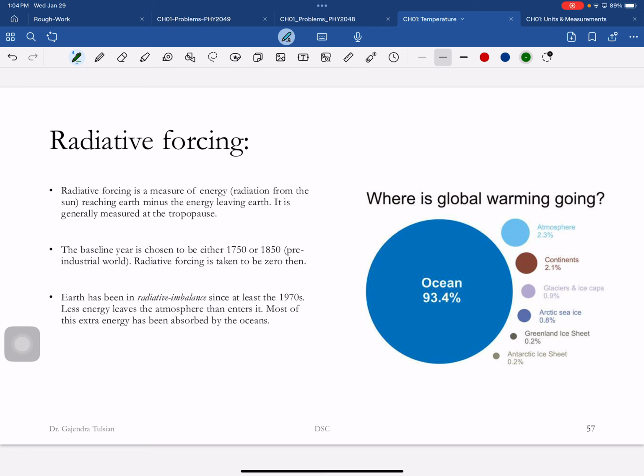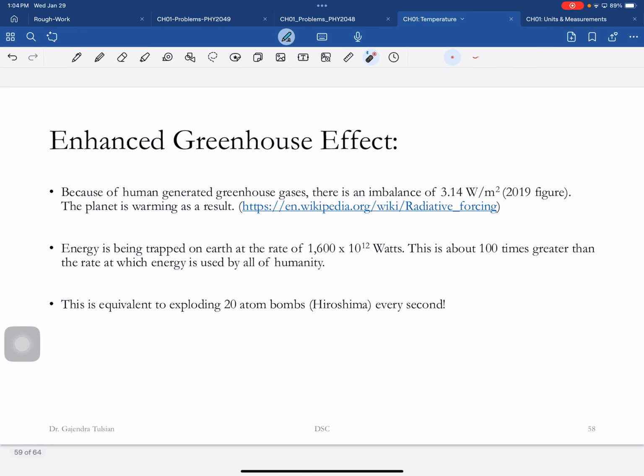The oceans are absorbing 90% of the heat that is trapped. This Wikipedia page has removed that figure for whatever reason. Anyway, here's how much heat we were trapping. Visible light is coming in and infrared light is going out.